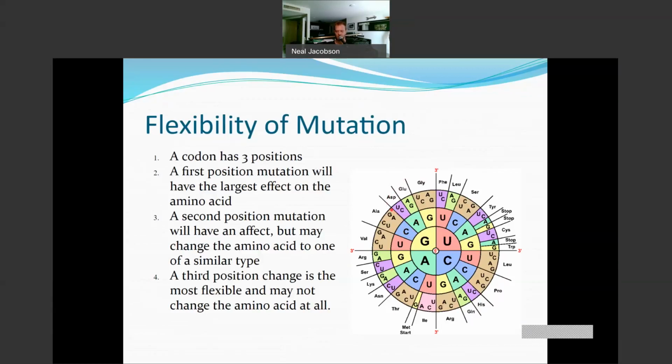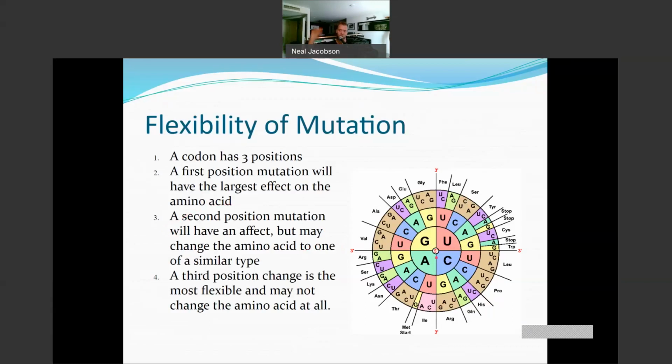So it will have a nonpolar functional group, or a polar functional group, or an acidic functional group, or a basic functional group. So even though it changes the amino acid, generally a mutation in that second position will keep the characteristics of the original amino acid in the new one. They'll have shared characteristics. And so the effect of a second position mutation is less devastating than an effect in the first.